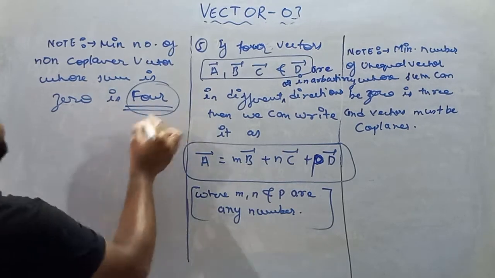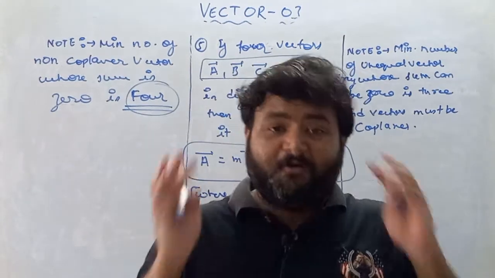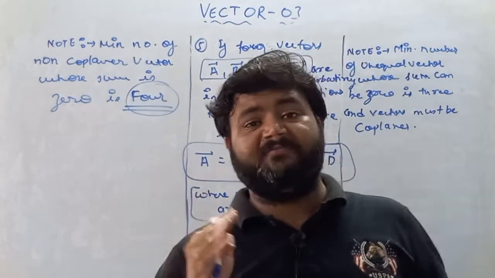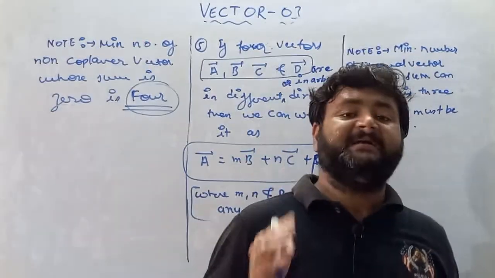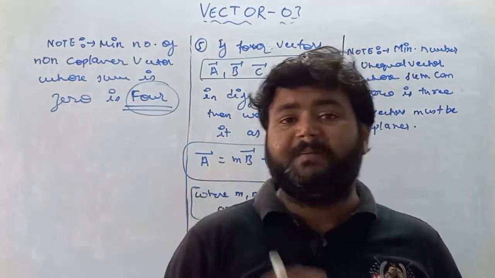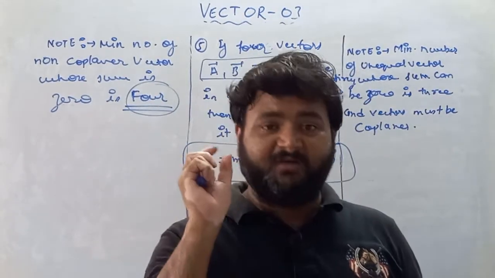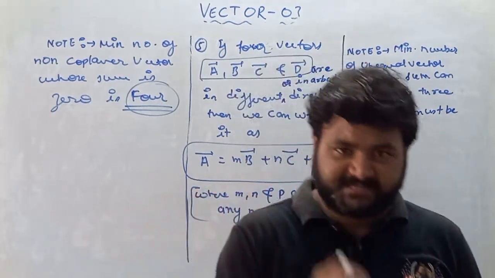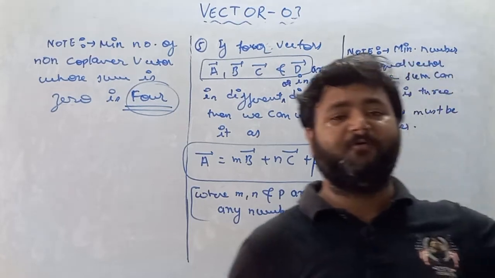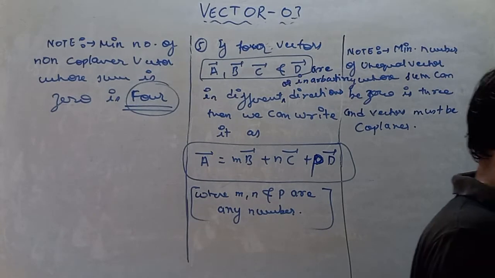So at least you need 4 vectors if they are in different or arbitrary directions. If you want to say how many vectors are required if they are non-coplanar for the sum to be 0, the minimum number is 4. For coplanar vectors the minimum number is 3, and for non-coplanar vectors the minimum number is, my dear student, 4. You have to remember these points.